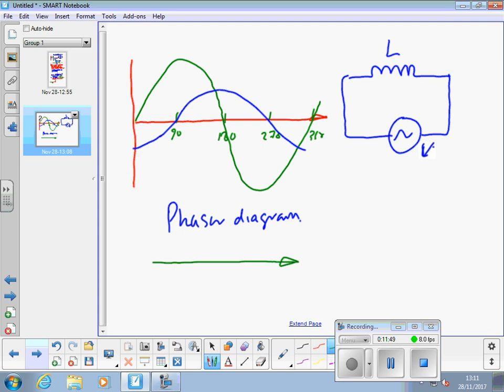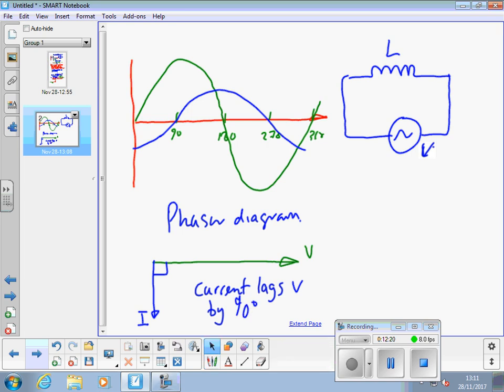It doesn't make any difference which way, but for the benefit of this, we're going to keep the voltage on the horizontal axis and show that the current I is 90 degrees out of phase with the voltage. Current lags V by 90 degrees.